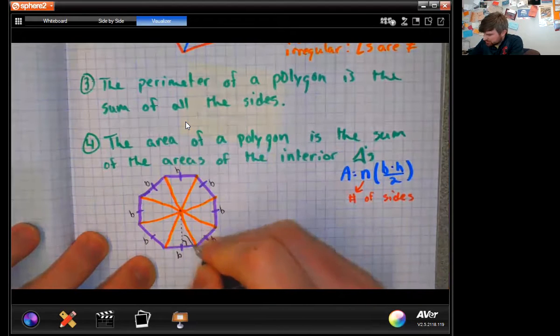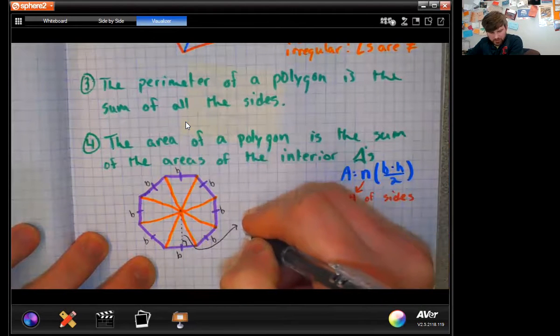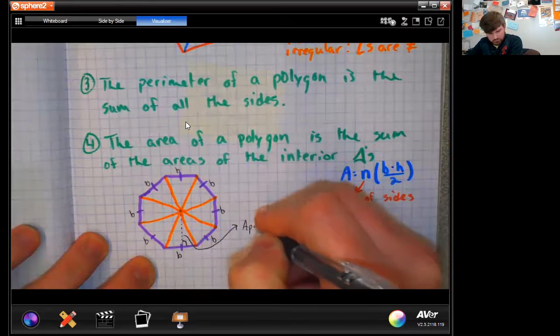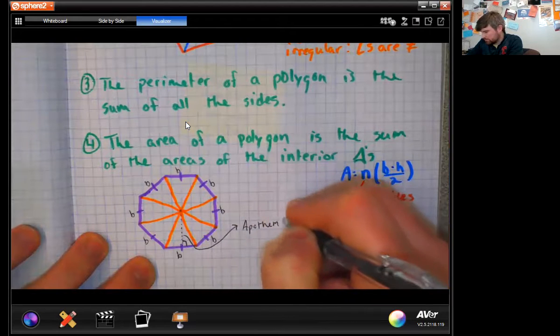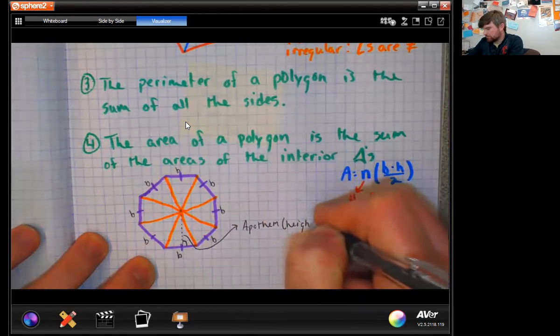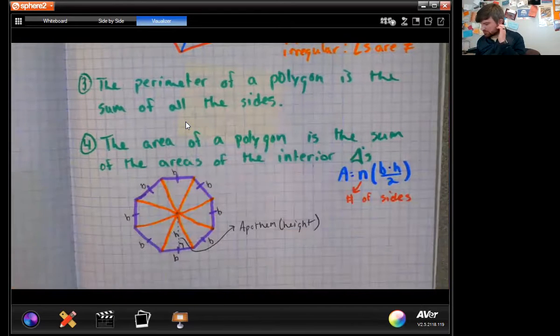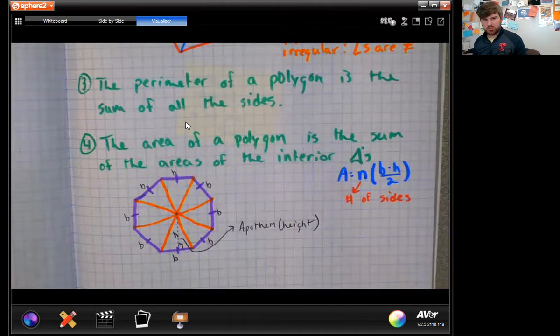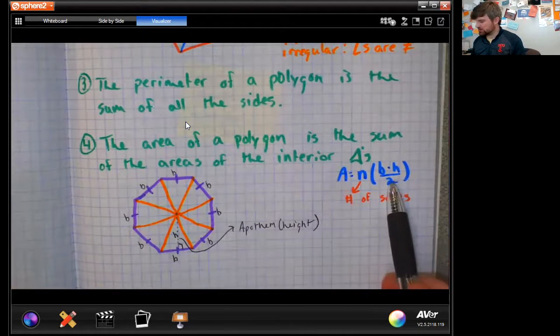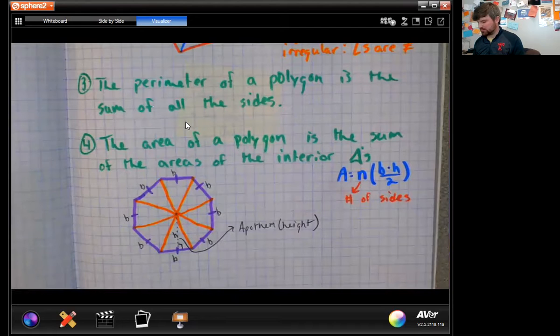This height has a special name, and it is called the apothem. Okay, the height. In this case, we just label it H. Sometimes it's labeled A for apothem. Okay, so you're going to take 1/2, which is the divided by 2, your base times your height, and then multiply it by the number of sides that you have.